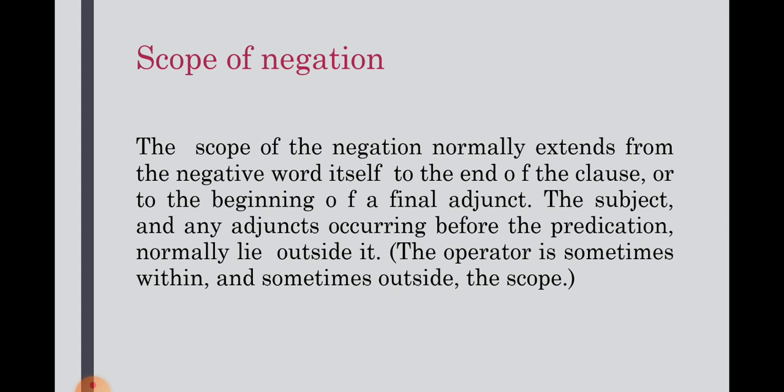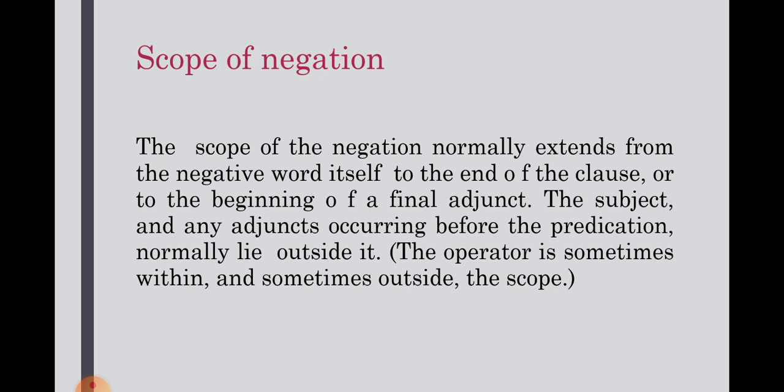So when we have a negative word or negative morpheme, the scope of negation starts from that word or morpheme onward to the end of the clause or the sentence itself sometimes. What about the subject?